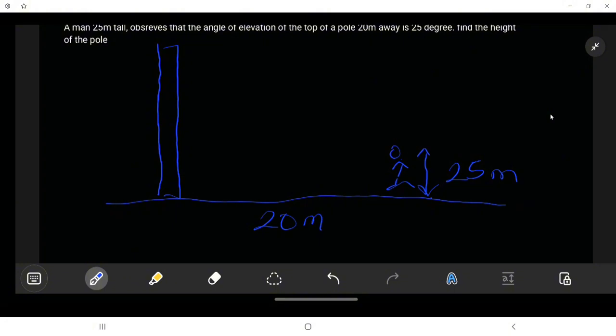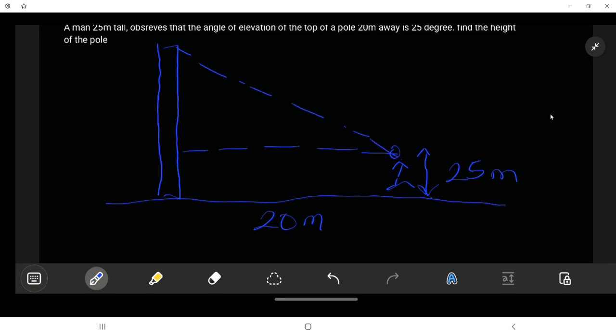Okay, so firstly let's assume he is looking at the pole horizontally. Then he decides to look up, because it says observe the angle of elevation of the top of a pole 20 meters away. So let's give the angle of elevation. Good.